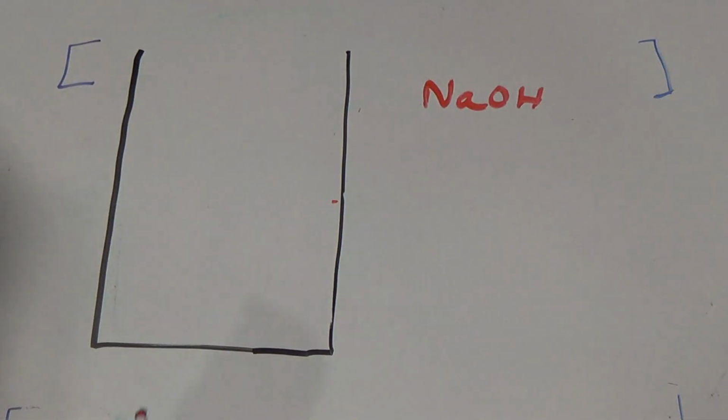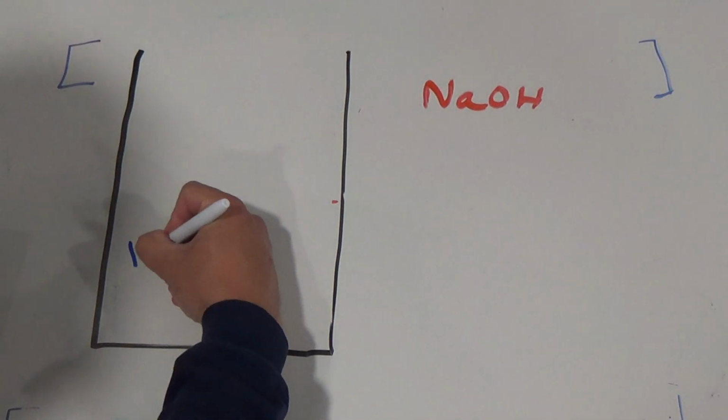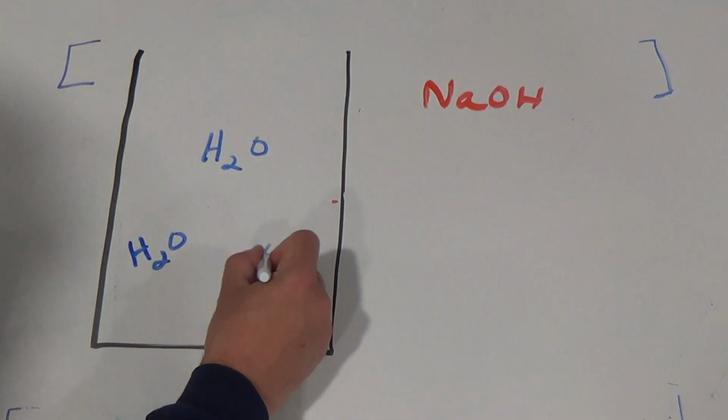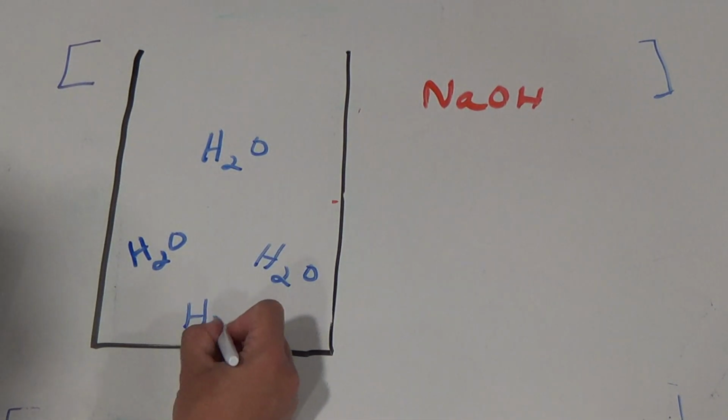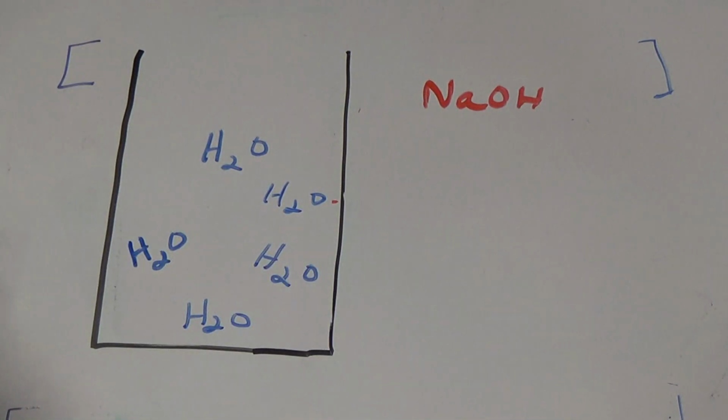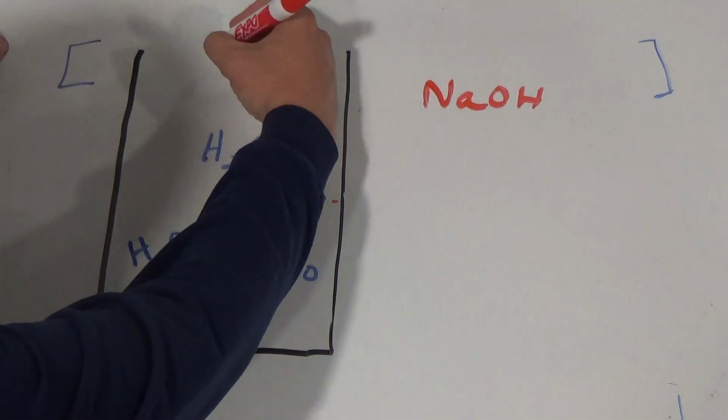Okay. So now we're going to put in 5 waters again. And now we're going to take a look at sodium hydroxide. So I'm going to drop 3 in.